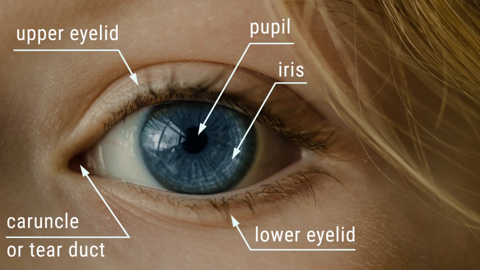In the inner eye corner we see a caruncle, or tear duct, a small pink portion of the skin. From the top, the eye is covered by the upper eyelid, a movable fold of skin that covers the front of the eyeball when closed. From the bottom, the eye is covered by the lower eyelid. The lower eyelid is shorter than the upper and doesn't move much.